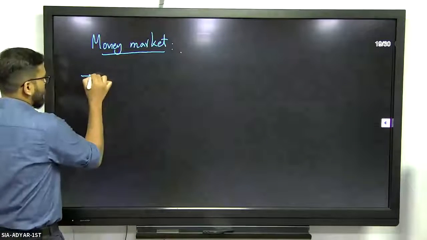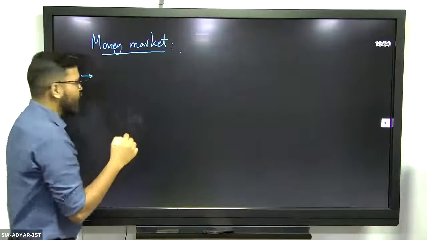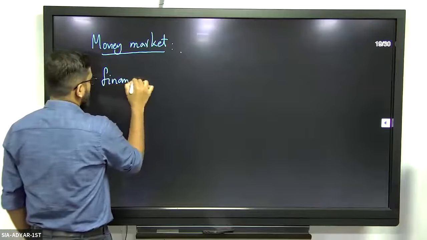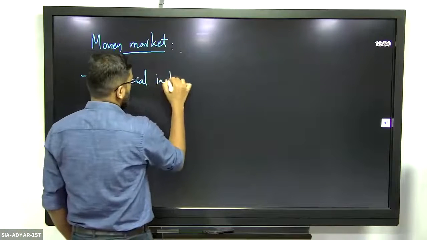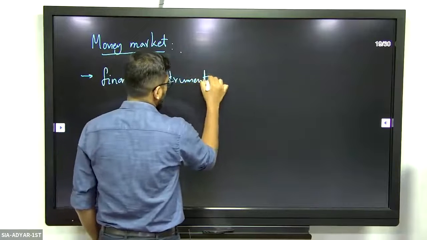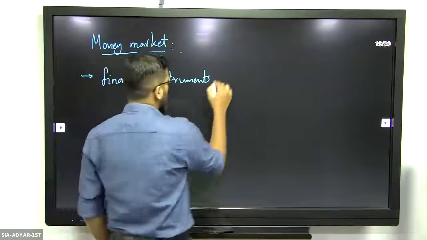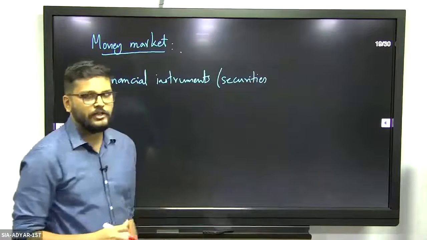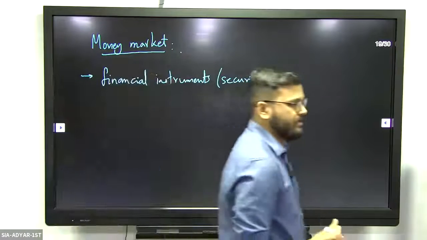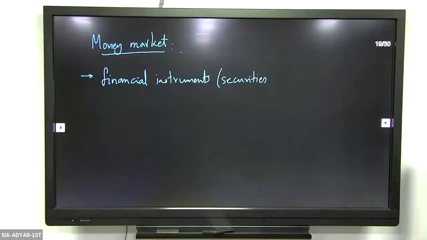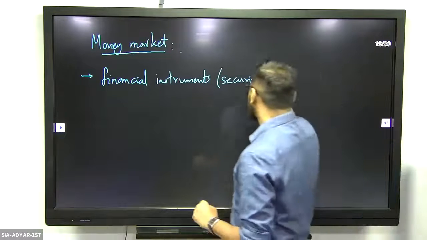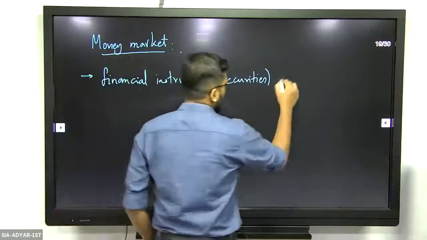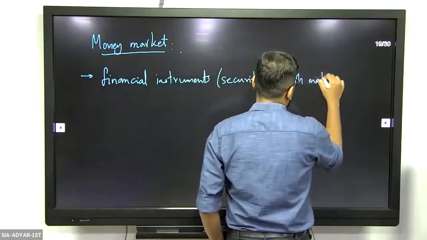To begin with, the first point to note is that the money market has financial instruments, also called securities, with maturity up to 1 year.